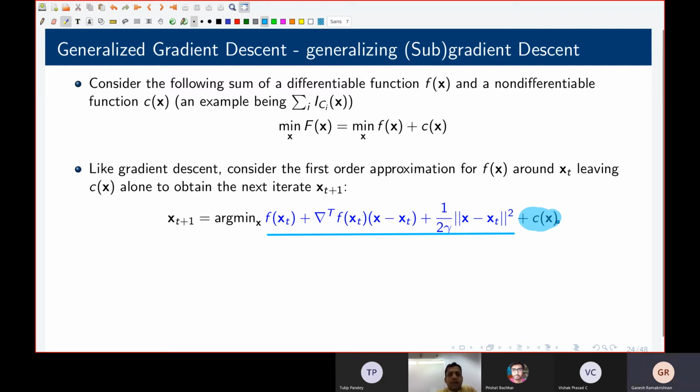I'll slap on C(x) and obtain the next iterate x_{t+1}. You may be wondering why. What is the advantage of doing all this? I think it's best explained when you have a motivating example. So I'm going to take a motivating example. But if you have any questions here, let me know.